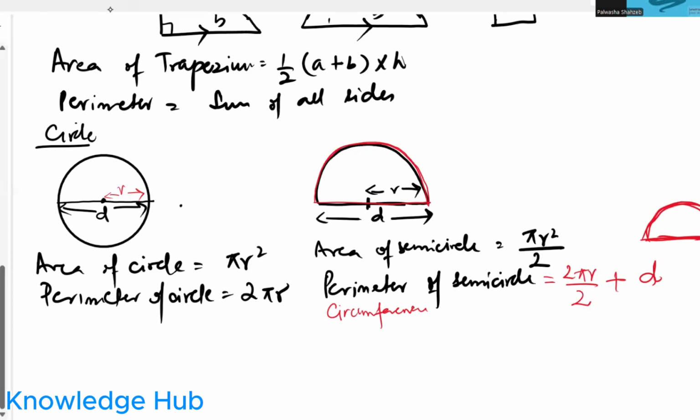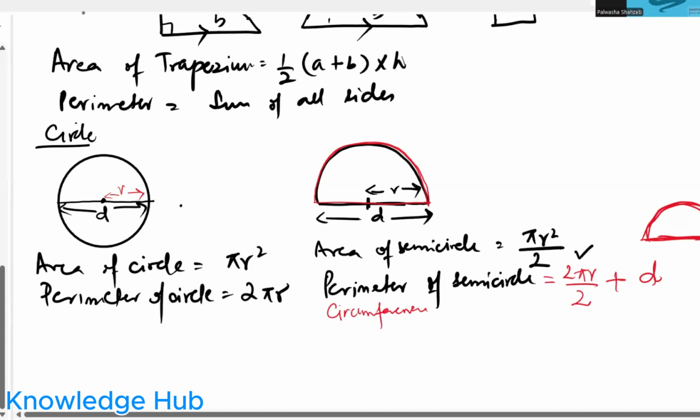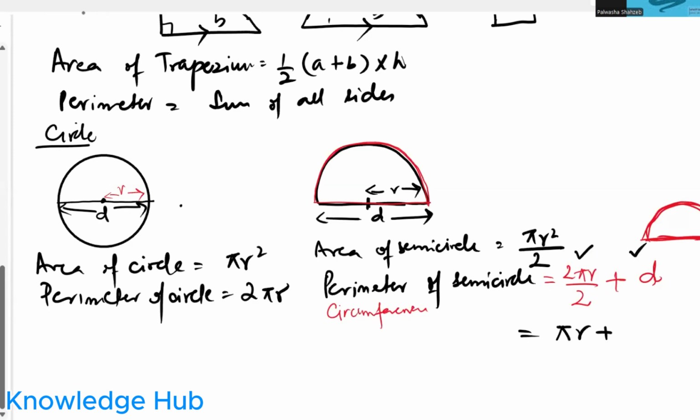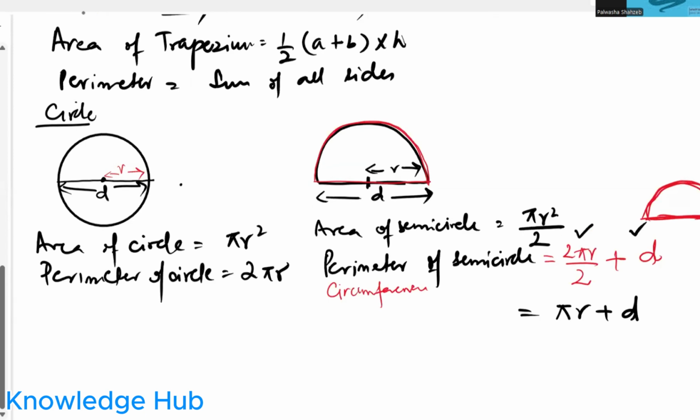This half curve, that is 2 pi r over 2, and a diameter. So finally, we got the formula pi r plus d for the perimeter of a semicircle.